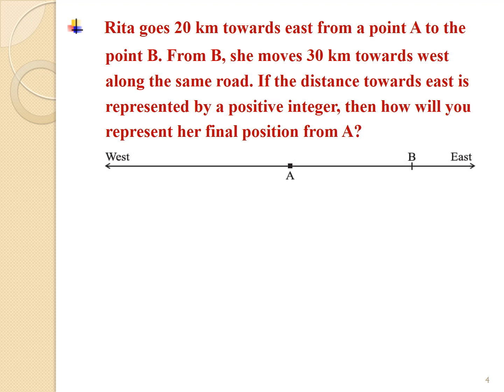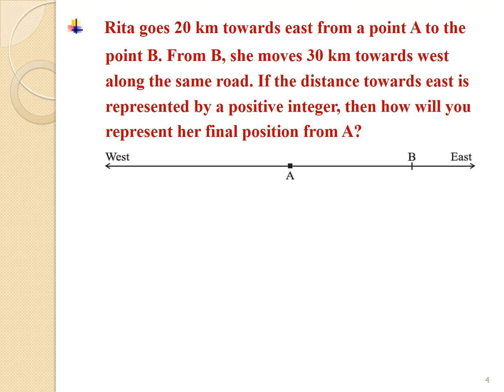Thus, in this question, we have to find Rita's final position from A. Thus, in order to find Rita's final position from A, we have to add both the integers where 20 is a positive integer and minus 30 is a negative integer.